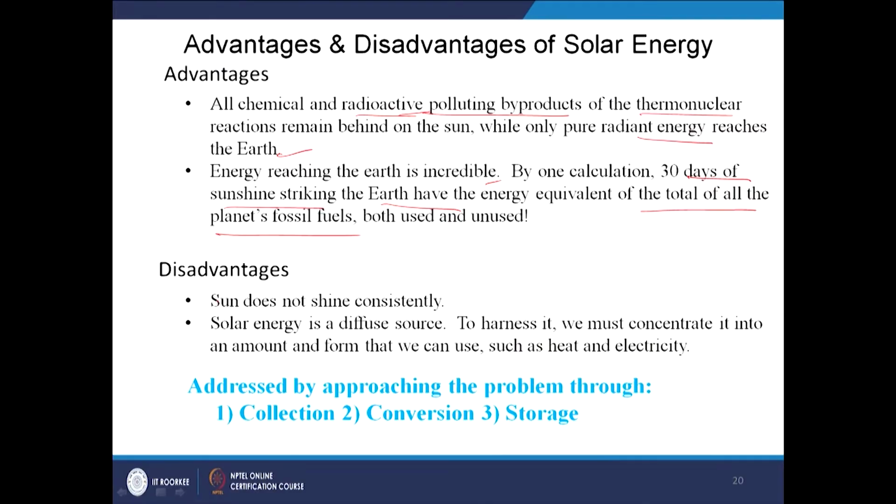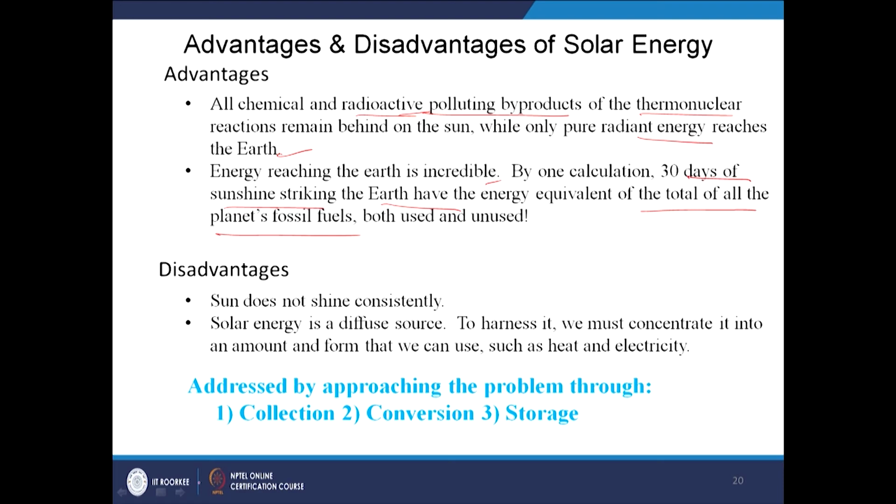It can be a very good renewable source, it will never end, and it also has some disadvantages, because sunshine is not continuous or consistent. There are clouds, there may be a rainy season, and at night we will not get sunshine.